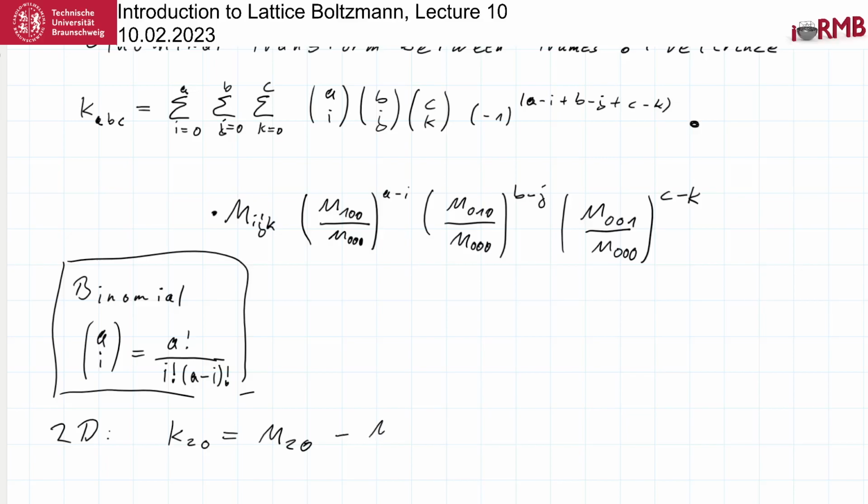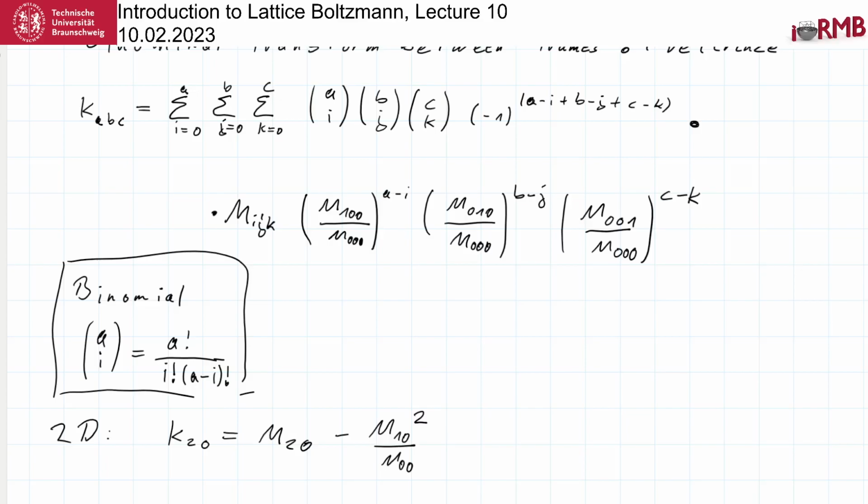And we'll see that this is now M10 divided by M00, which is divided by 1. So why is there a square here and not a square down here? Where does this come from?